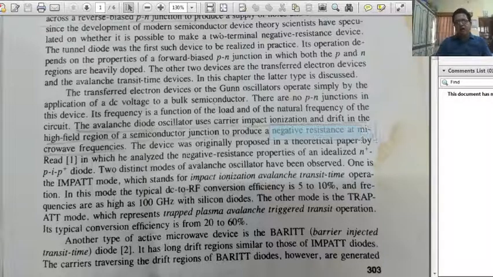Here, negative resistance is produced in the microwave frequency region.